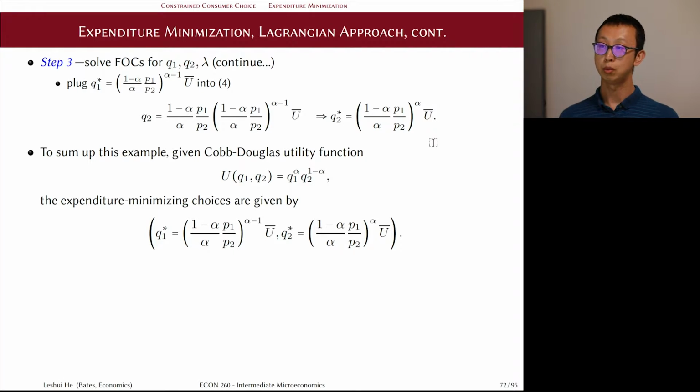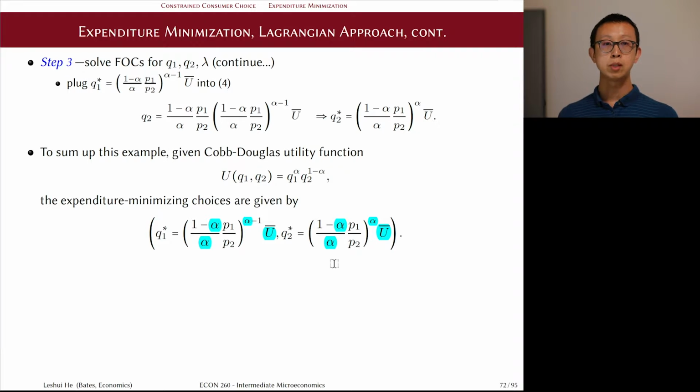Summing up for now, we found the expenditure minimizing choices for a Cobb-Douglas utility function with a preference parameter of alpha: Q1 star is equal to this expression and Q2 star is equal to this expression. These quantities are functions of the exogenous variables: the prices P1, P2, the desired utility level we have to hit, which is U bar, and the preference parameter alpha.